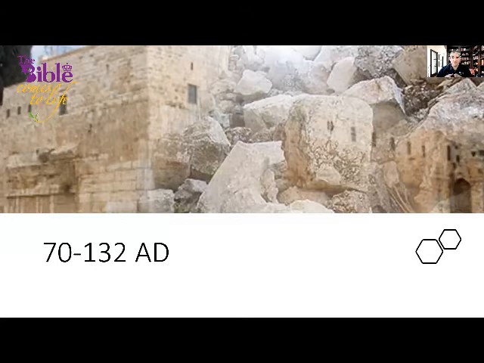There's no one here apart from a garrison of the 10th Legion that dwells on the north part of the city, what today would be some of the Christian Quarter and the Muslim Quarter. There are no inhabitants. The city itself is completely destroyed.